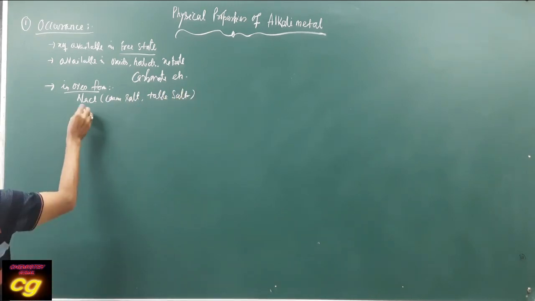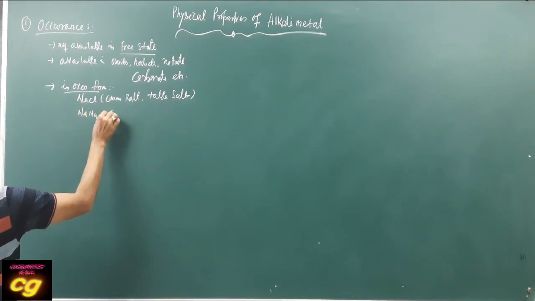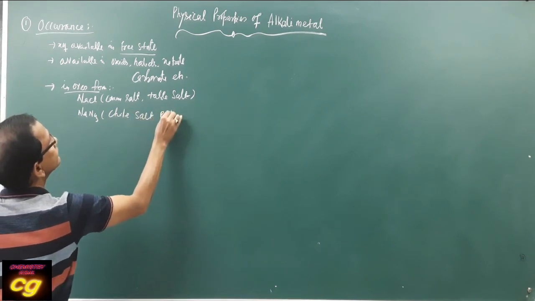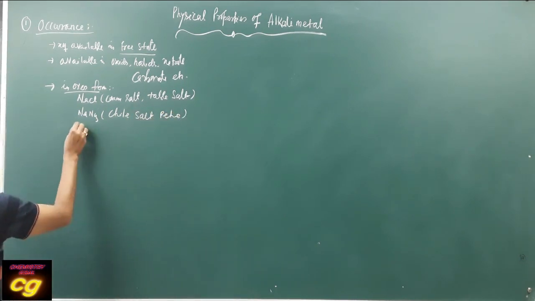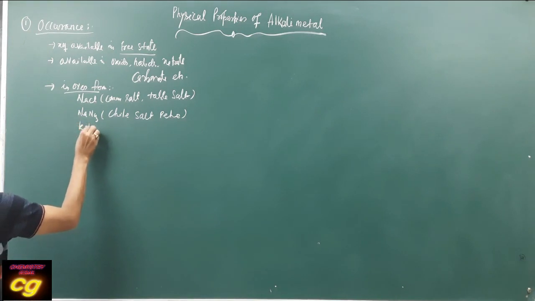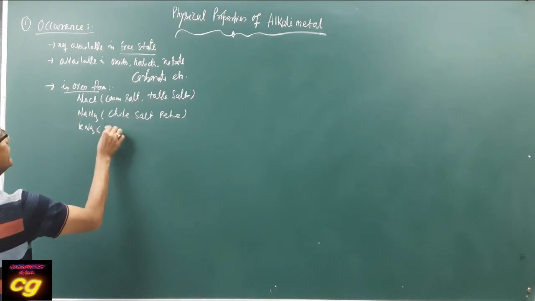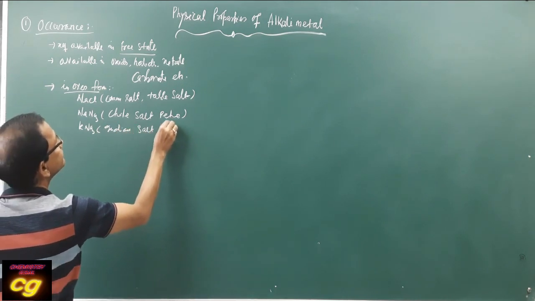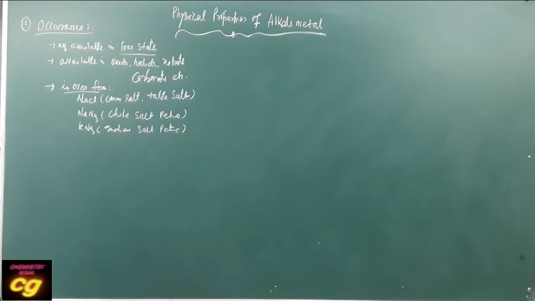Sodium nitrate is called Chile saltpeter, and potassium nitrate is called Indian saltpeter. These are some names.